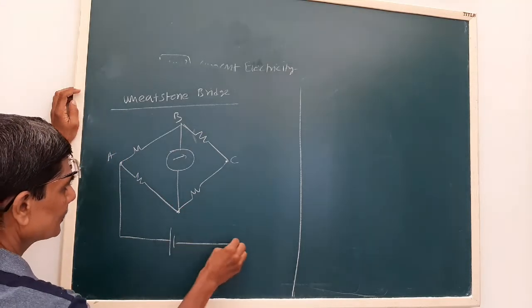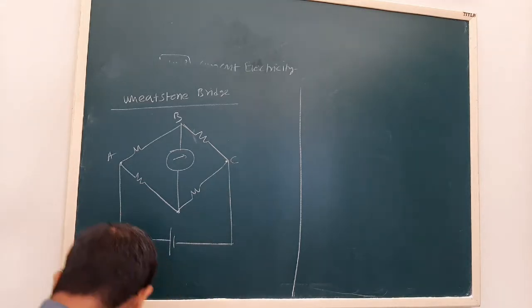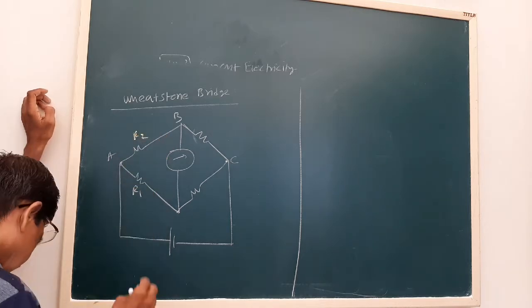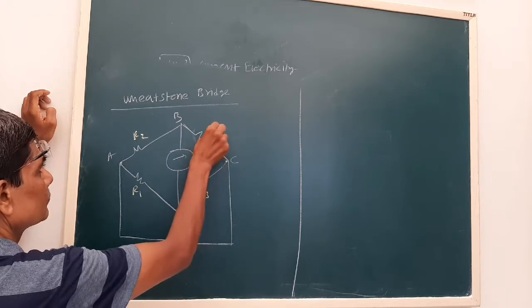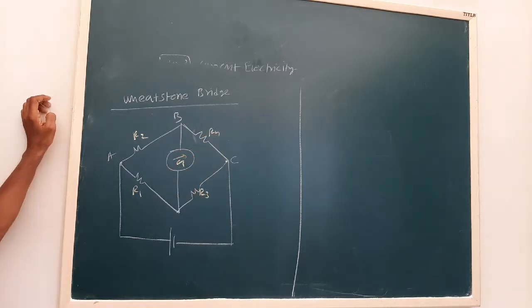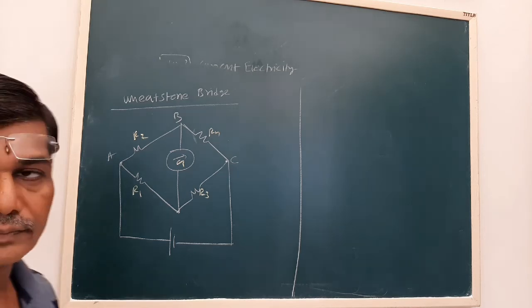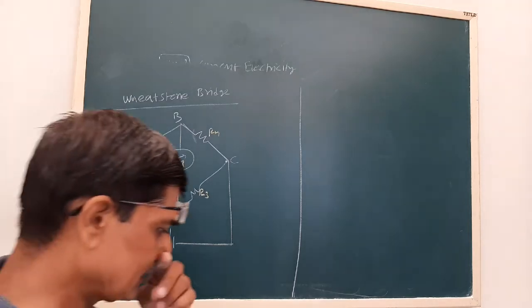See, the battery is connected between B and C. See, the resistors are... now see, G is the galvanometer. Later on we'll see its uses also. But first the condition.